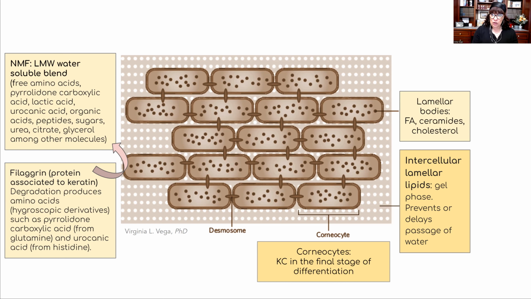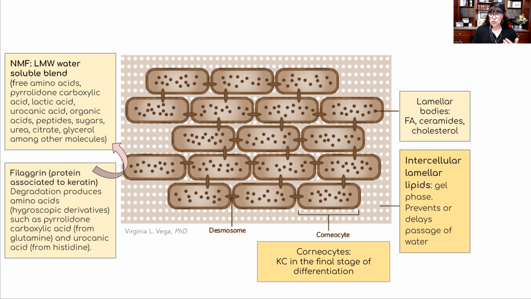So a very important component of the skin barrier is the natural moisturizing factor. So what is the natural moisturizing factor? It's a low molecular weight water-soluble blend. It's formed by several types of acids and free amino acids, and it comes from the degradation of filaggrin. So what is filaggrin?